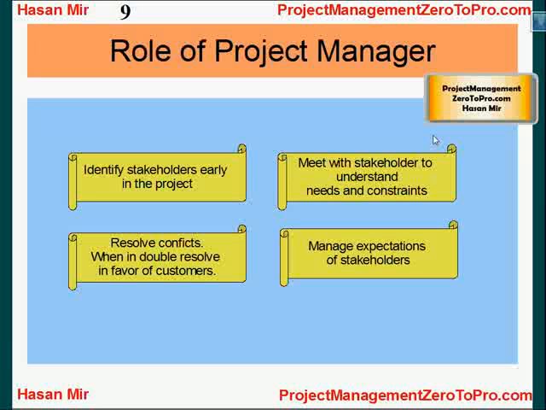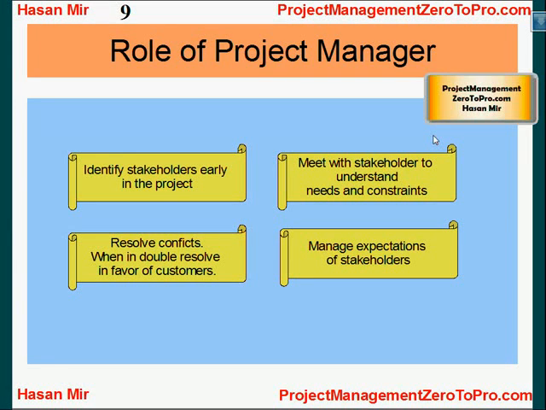The project manager then meets with the stakeholders. Why does he meet with the stakeholders? He meets with the stakeholders because he needs to understand the needs and constraints that the stakeholders have in their mind about the project.